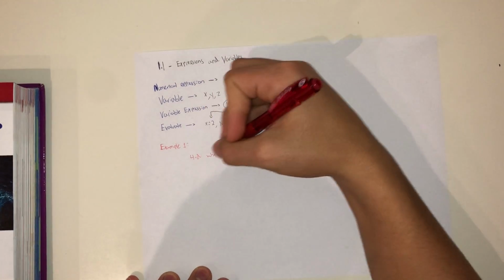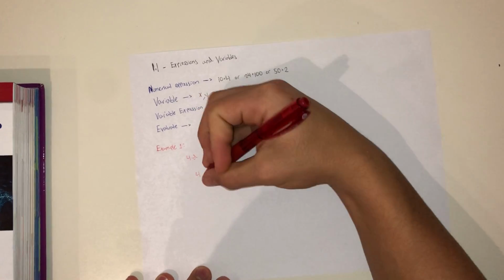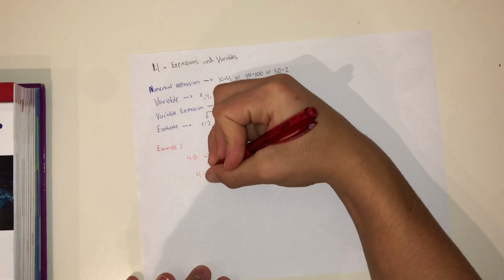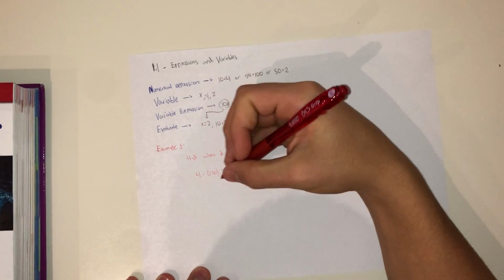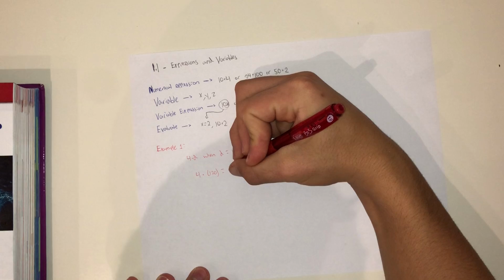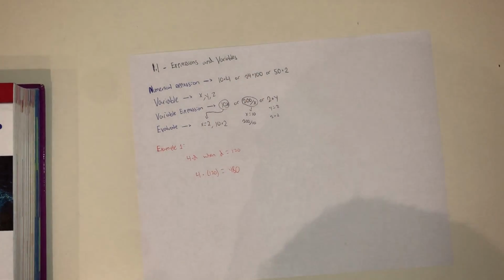So if d equals 120, we could just plug in 120 for d. So 4 times 120, which we plugged in for d, equals 480. This is how we solve a variable expression.